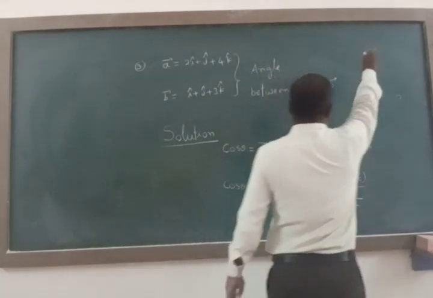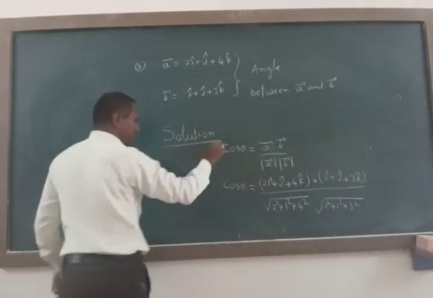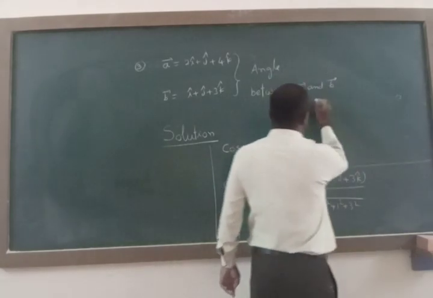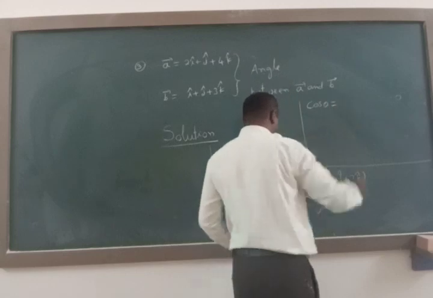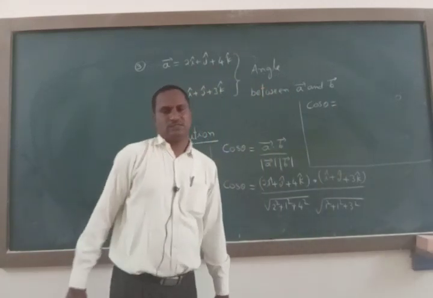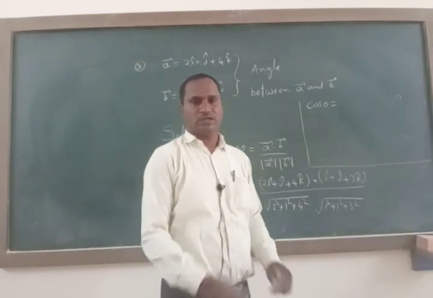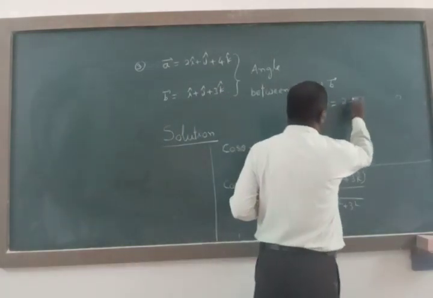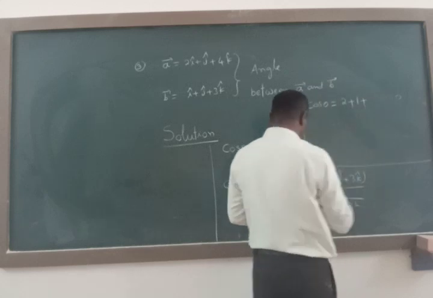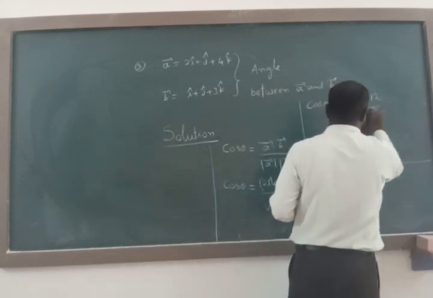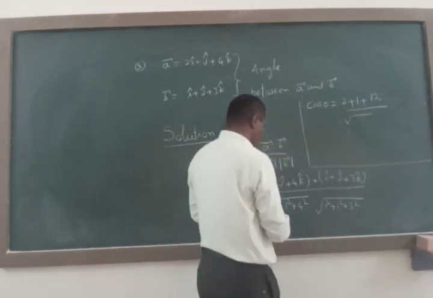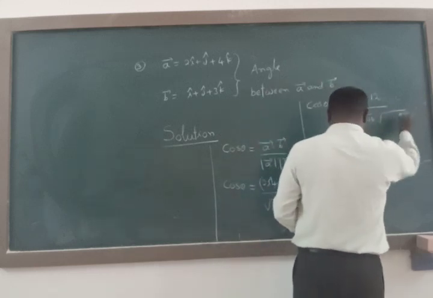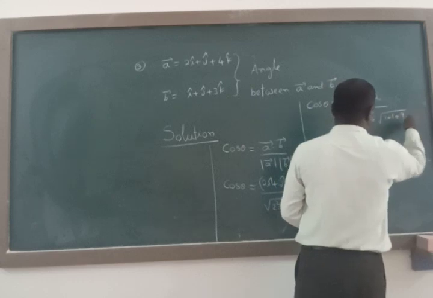Next, cos theta is equal to, already we told dot product is the sum of products of corresponding coefficients of i cap, j cap and k cap. 2 into 1 is 2, plus 1 into 1 is 1, plus 4 into 3 is 12, whole dividing by square root of 4 plus 1 plus 16, into square root of 1 plus 1 plus 9.